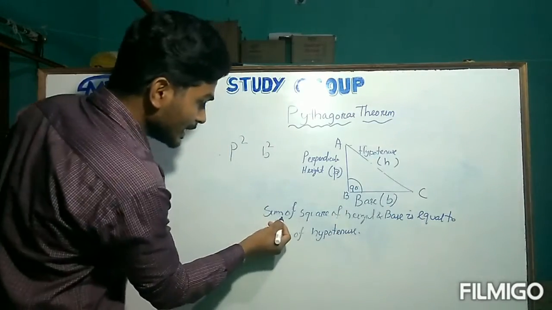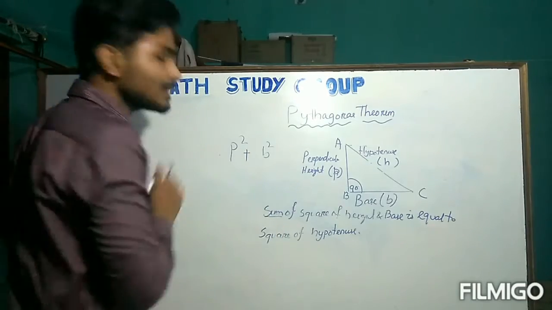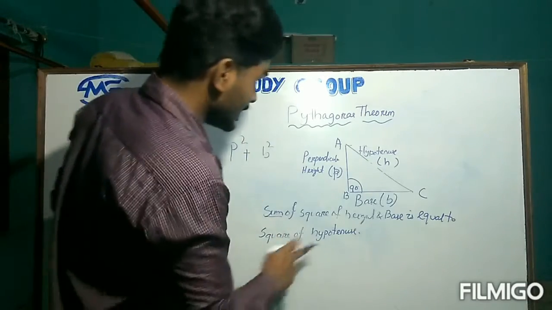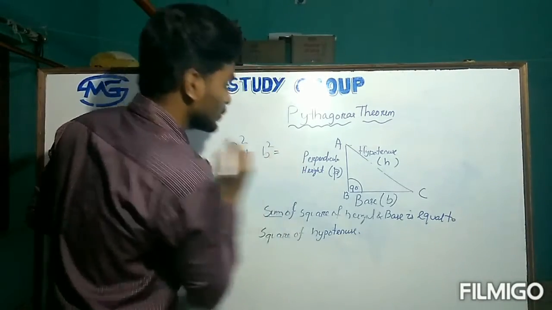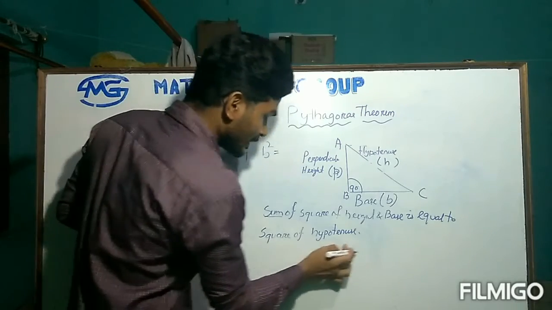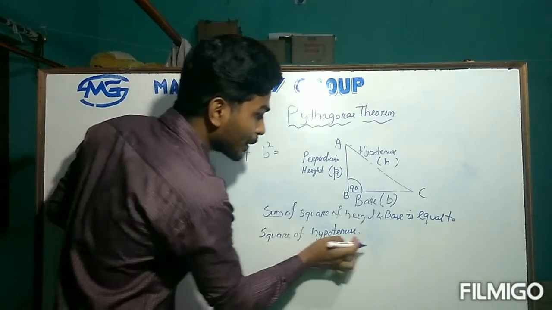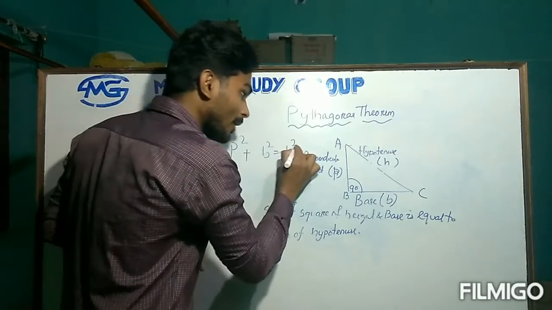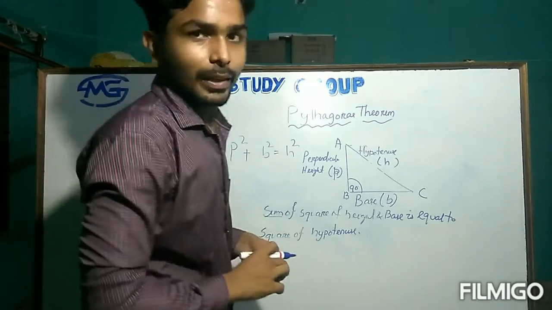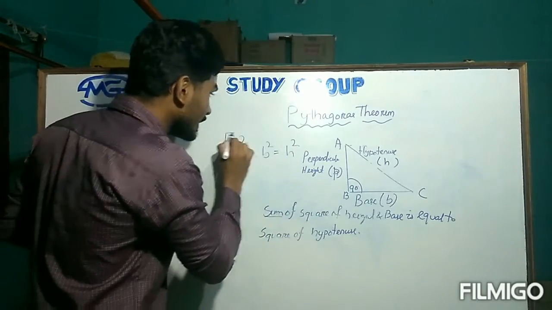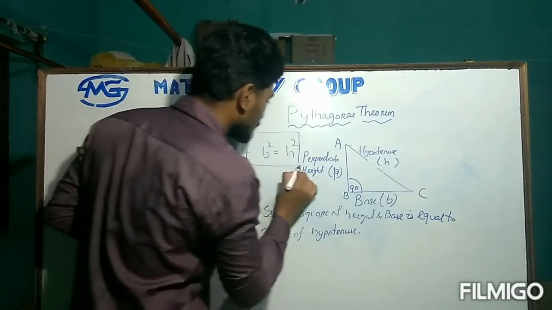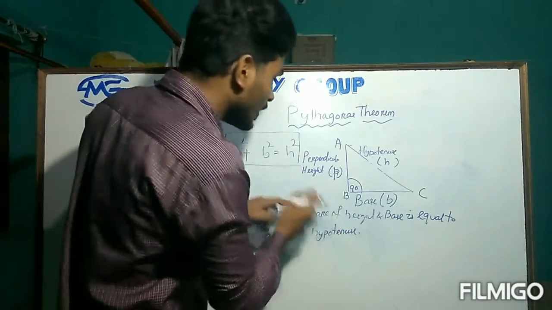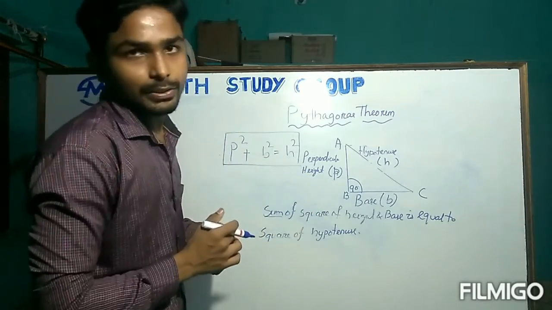Then its sum is equal to the square of hypotenuse. Hypotenuse is h, so it is equal to h square. Okay, this is the mathematical derivation of Pythagoras theorem. The earlier one is the theoretical statement, and this is the mathematical definition.